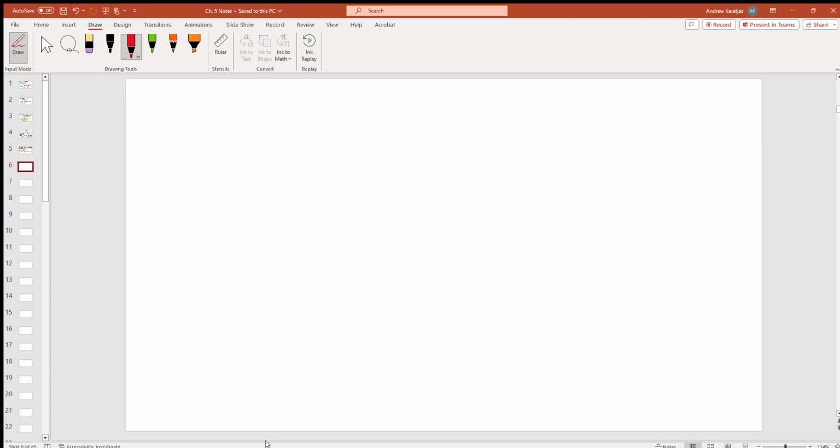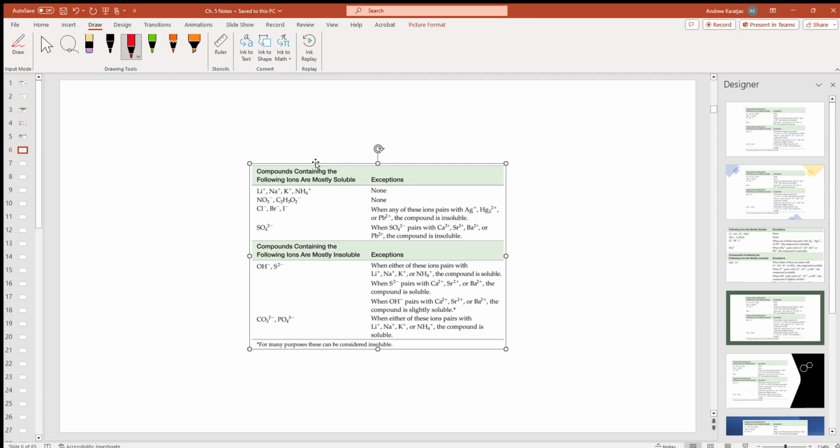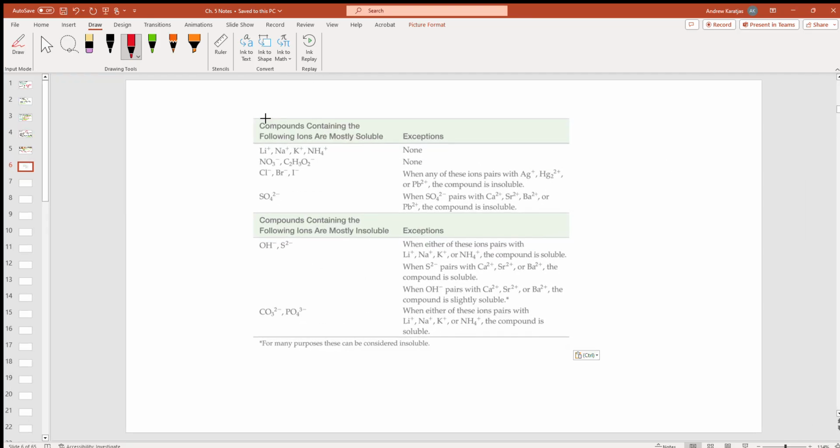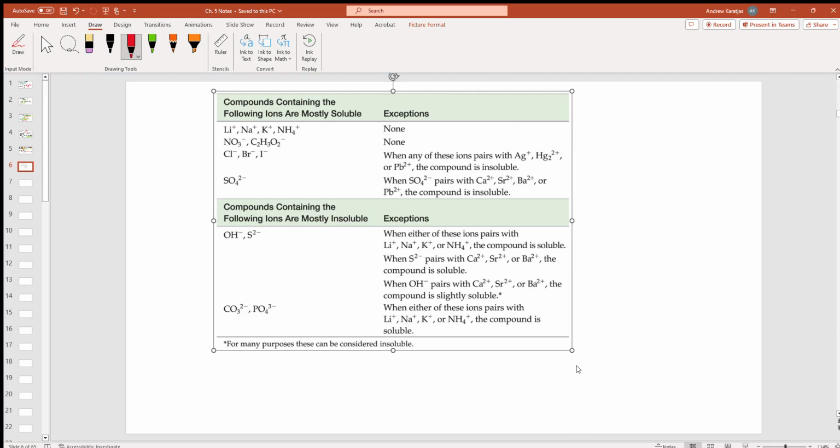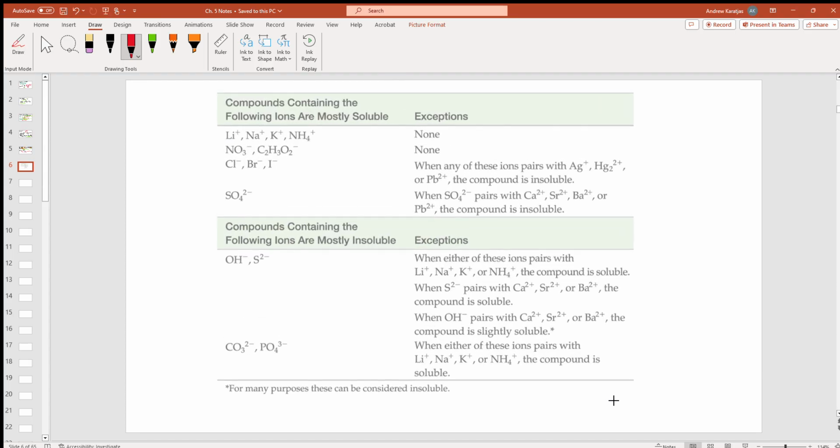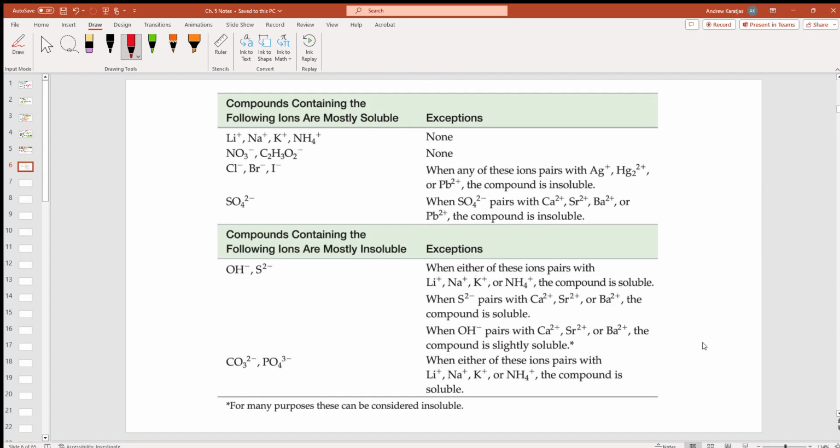So we're going to look at the following table. And this gives us some basic rules to follow.